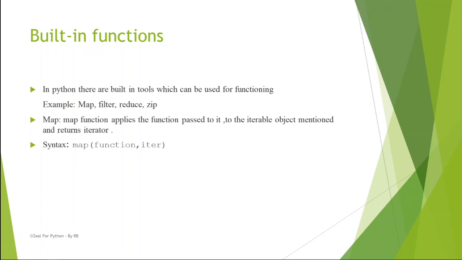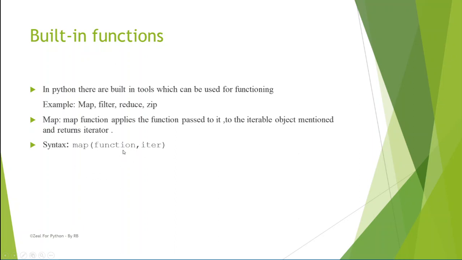Map. What the map function does is it applies the function passed to it to the iterable object mentioned and returns the iterator. When you see the syntax, it is map, function, iterator.